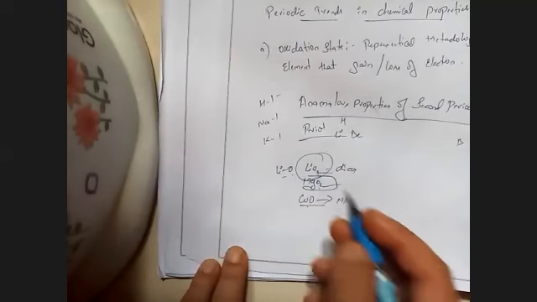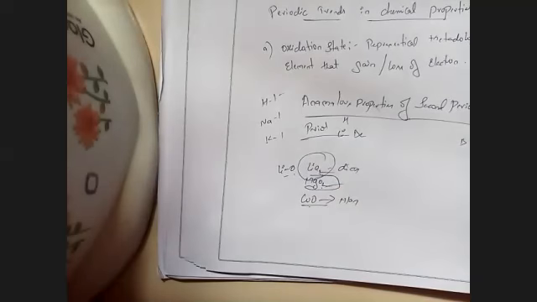So the elements present in the second period do not have similar properties, either physical or chemical. They have their own properties. They don't combine with other elements by sharing similar properties.